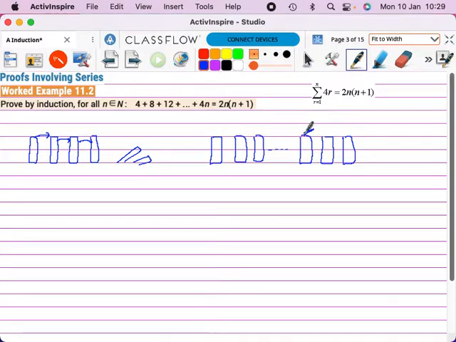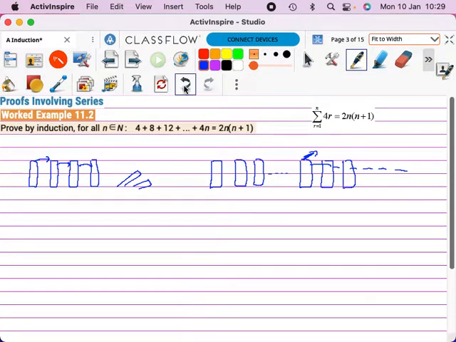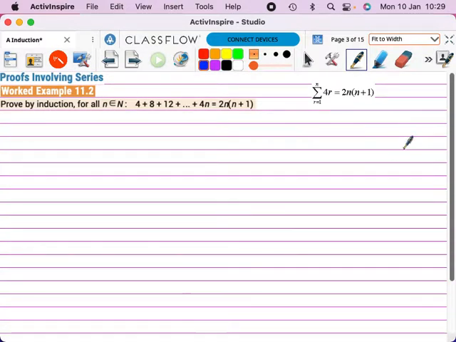And you make the effort to topple that domino, and you show that it hits this one and all the rest topple after it. Now, I'm going to leave it there for now, but I want you to have that in your mind's eye as we pursue this particular activity. So here we go. We're going to do a proof by induction.